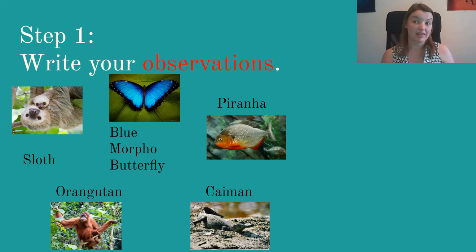Now we did the sloth at the end of one of the last sessions, so we have some ideas about the sloth. You could talk about its hair, you could talk about its habitat, you could talk about its class, whether it's a mammal, a bird, a reptile. You could talk about the fact it's got its young hanging on him. What kind of animal would that idea give you?